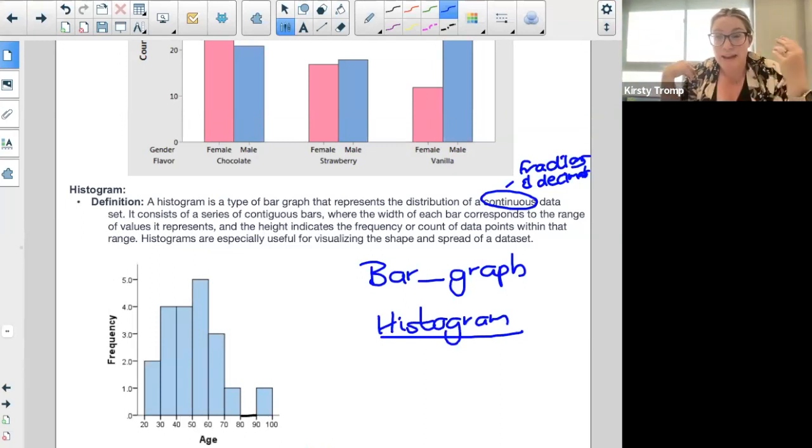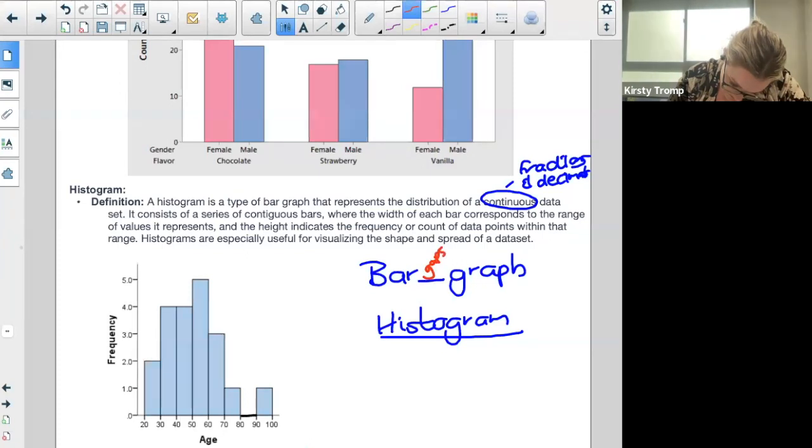That's how you remember. A histogram, no gaps. A bar graph has gaps in between the bars. Okay. All right, so bar graph, gaps. Okay, histogram, no gaps.